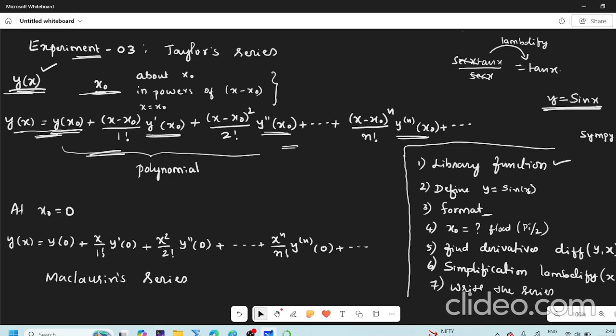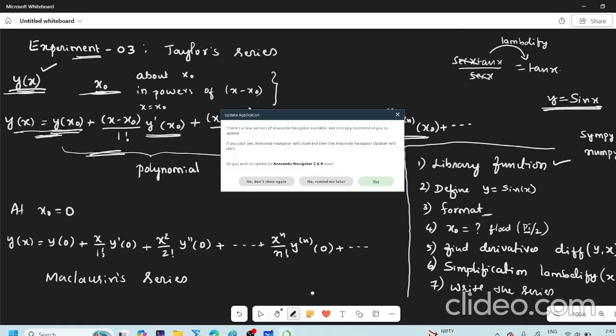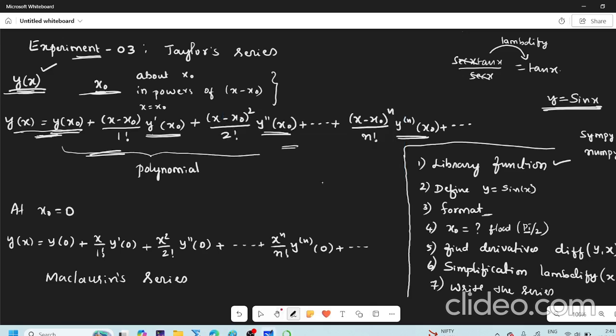Then, since I'm using this pi and all, then I should call numpy. So right now, it's enough if we call simpy and numpy. Those two library functions are enough for our discussion.